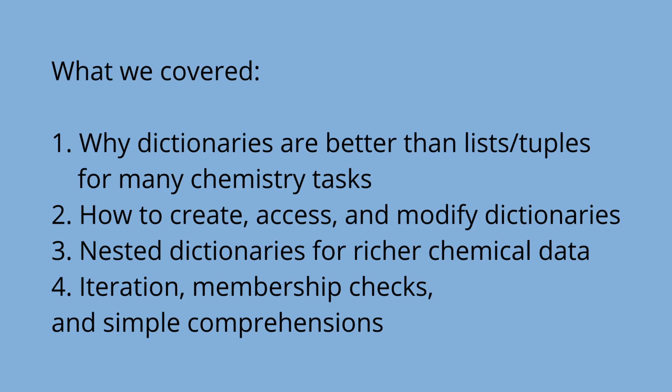So in this first video, we covered why dictionaries are better than lists or tuples for many chemistry tasks, how to create, access, and modify dictionaries, nested dictionaries for richer chemical data, iteration, membership checks, and simple comprehensions.